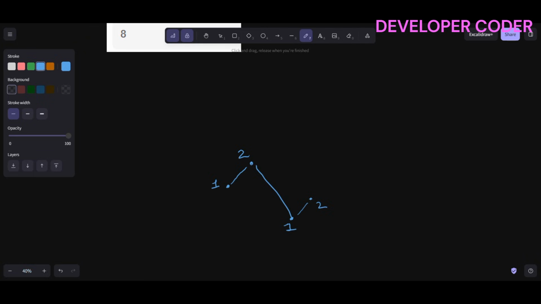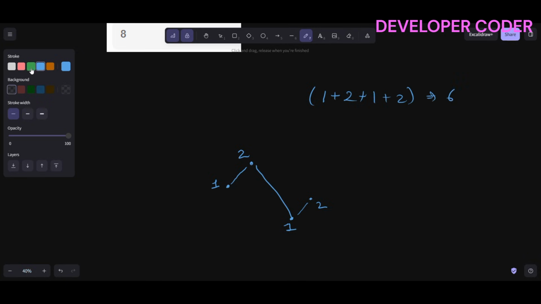In this case, what is the overall sum you are getting? 1 plus 2 plus 1 plus 2. 2 plus 1 is 3, 3 plus 1 is 4, 4 plus 2 is 6. 6 is what you are getting.